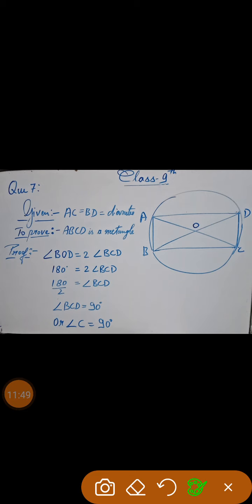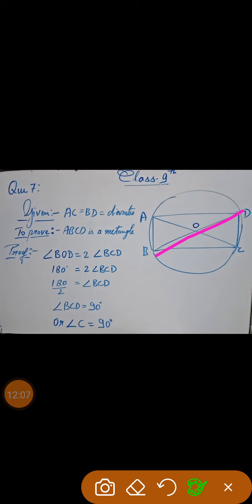So angle BOD, we can see this BD, we can take it as a chord of the circle. BD is also a chord of the circle. So which angle is it subtending with the center?